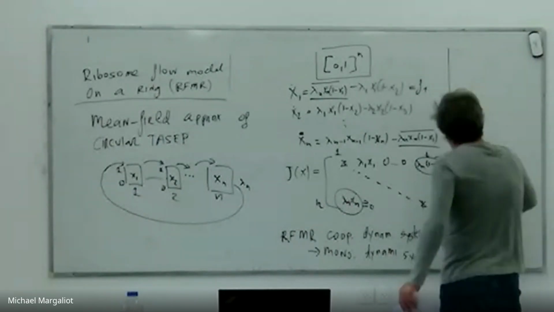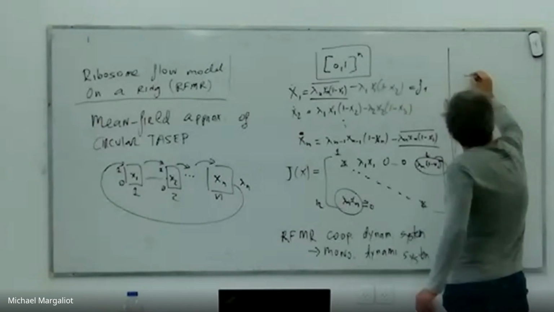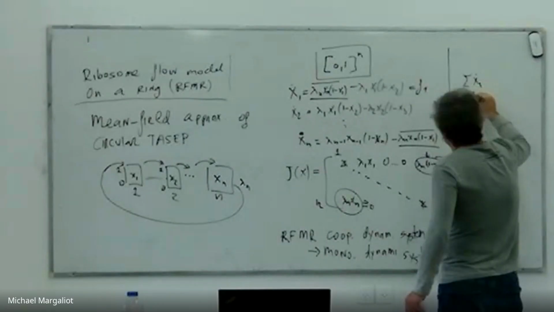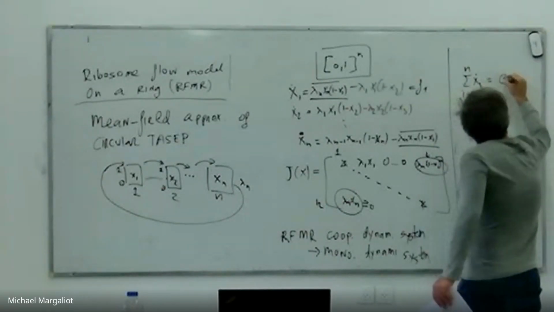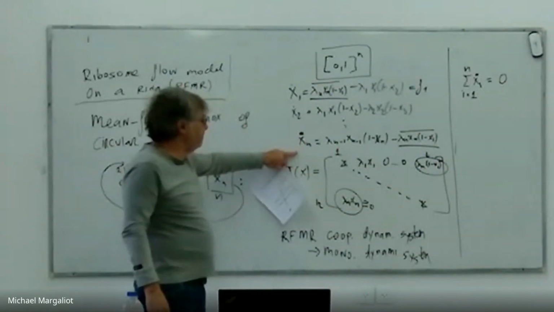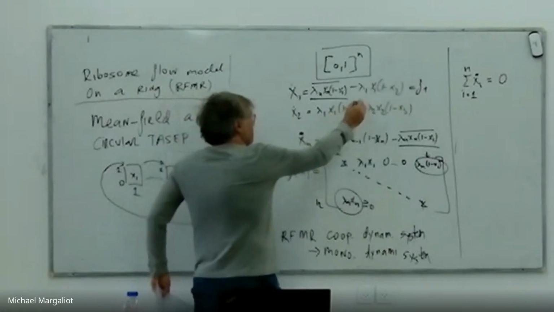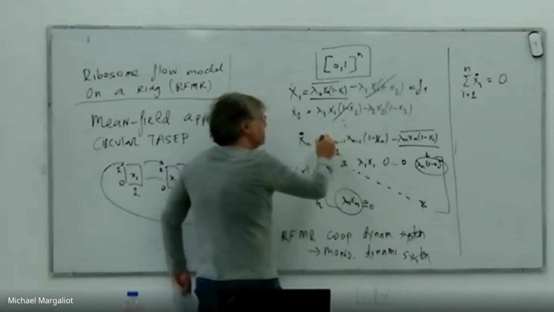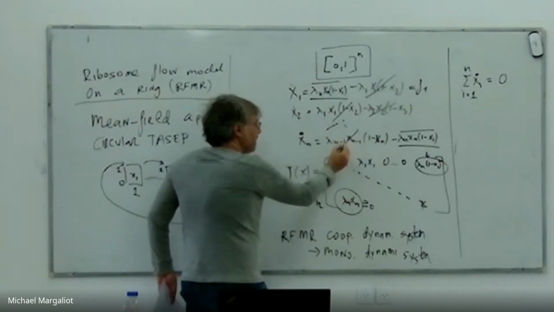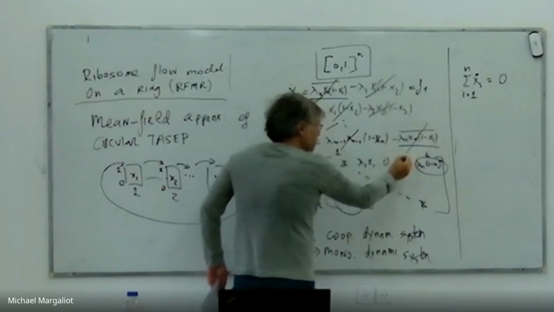The difference is that if I sum up all these derivatives now, look what happens. This cancels with the next derivative here, all these cancel out, and this cancels with this.